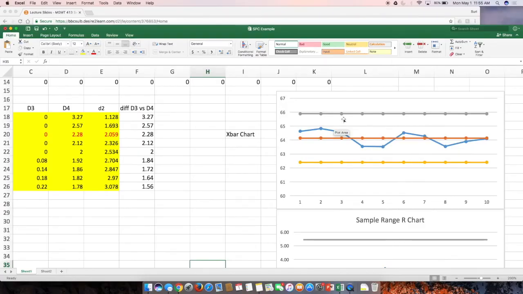So again, just to recap the rules: any single point above or below, ding. 5 points above consecutively or 5 points below consecutively, ding. And 2 or more successive points hugging the limits on either side, again, ding. And 5 or more successive points increasing or 5 or more successive points decreasing, again, ding.